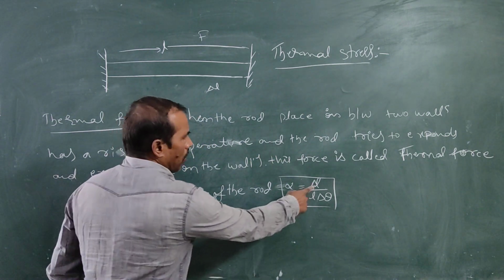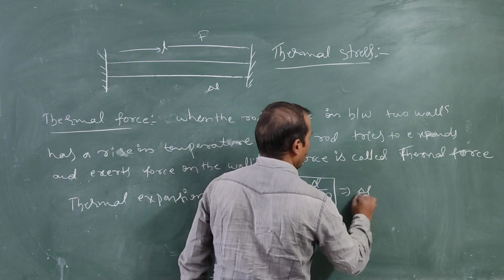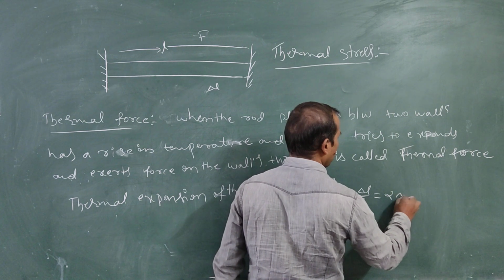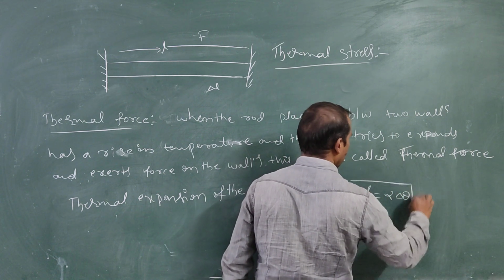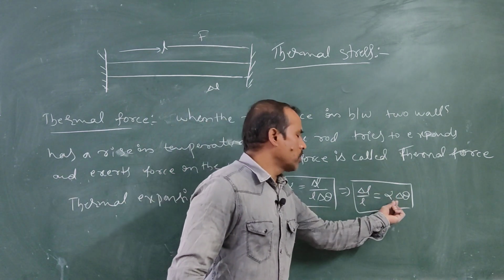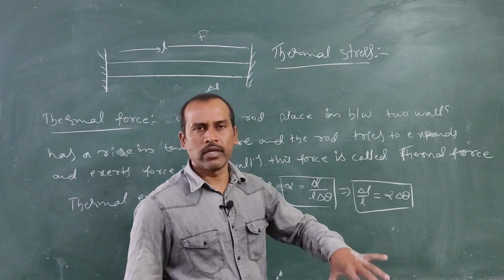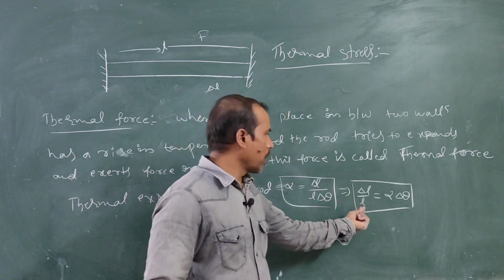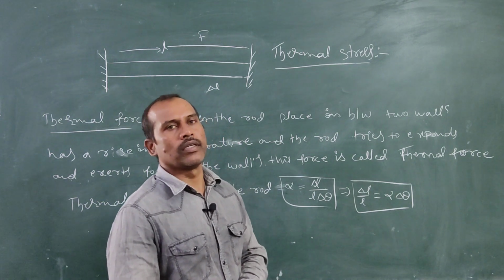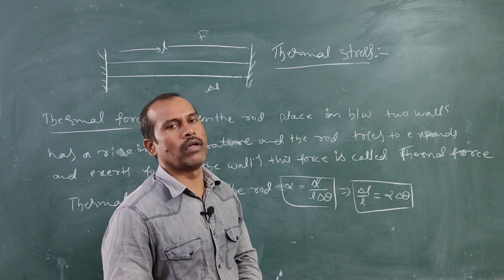Now delta L by L is equal to alpha delta theta. Alpha means coefficient of linear expansion, delta theta means change in temperature of the rod, L means initial length of the rod, and delta L means change in length of the rod.